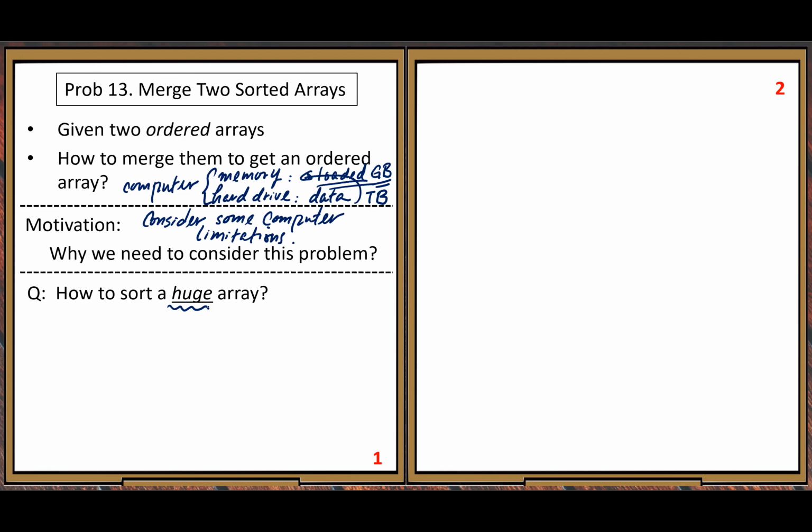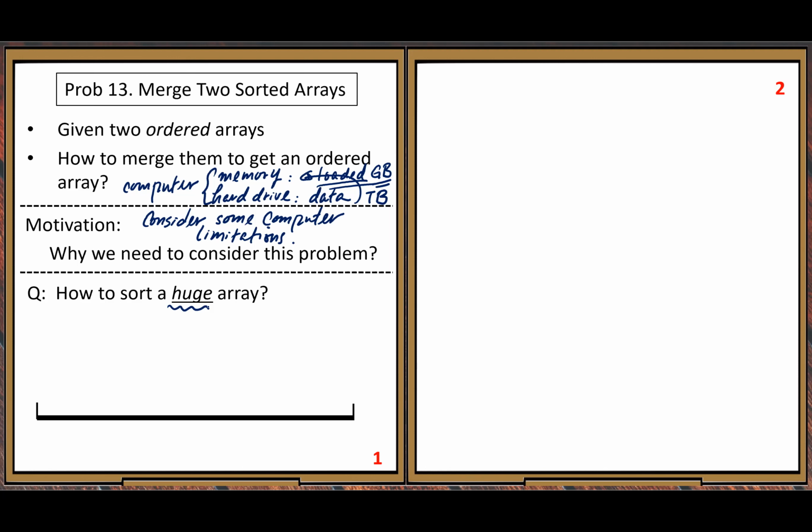But when that extreme situation happens, you need to solve the problem. So how to do it? Let's assume this is the size of a huge array that cannot be loaded into the main memory at once.